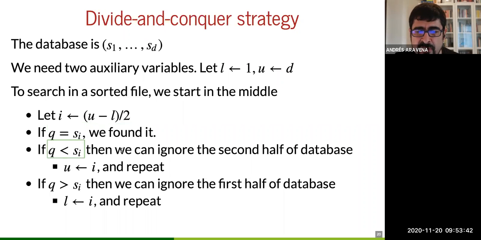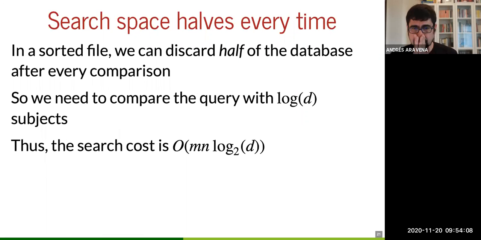If it's less than, you drop half and change the upper limit. If you are over the subject, then you know it's the second half, and you can ignore half of the database every time. You can check this later. It's not critical right now. The important point here is that we discard half of the database every comparison.